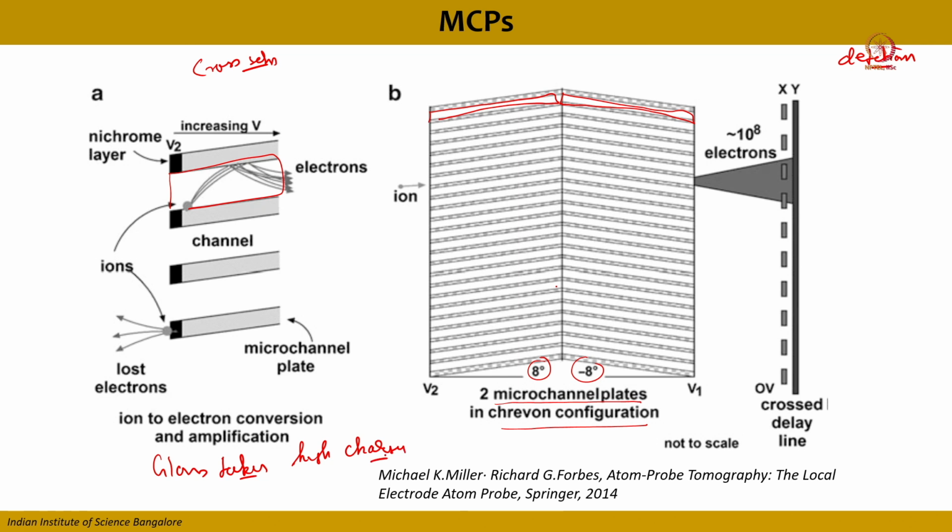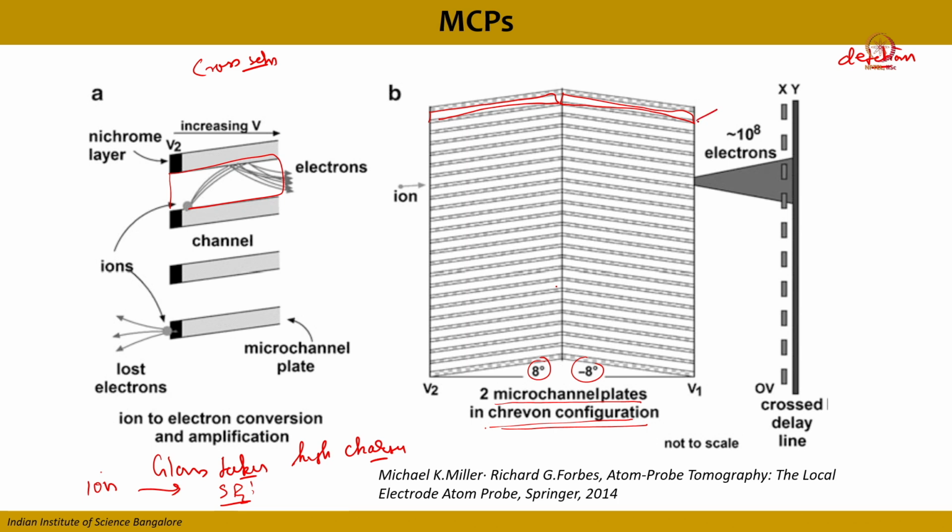When an ion hits the glass tube surface, it generates a large amount of secondary electrons, and since the MCP plates are in the chevron configuration, these electrons can again strike the glass surface and generate thousands of electrons, a cascade of electrons.